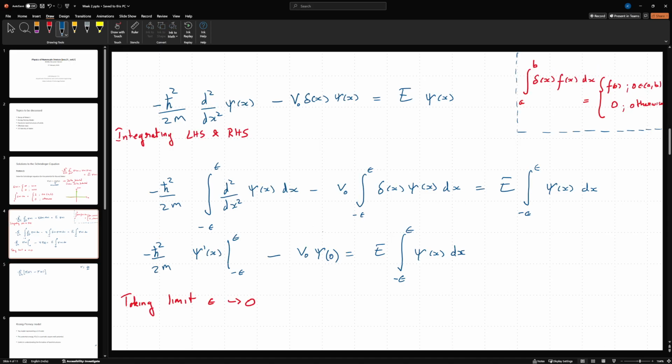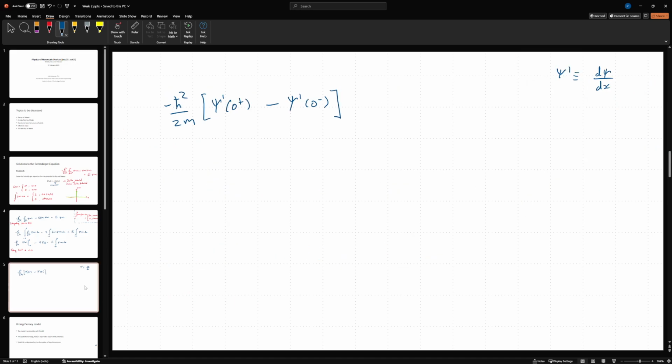And this quantity has already been integrated, so it has no more epsilon dependence. Making epsilon tend to 0 will have no bearing on this quantity. So minus V naught psi of 0 is equal to 0.